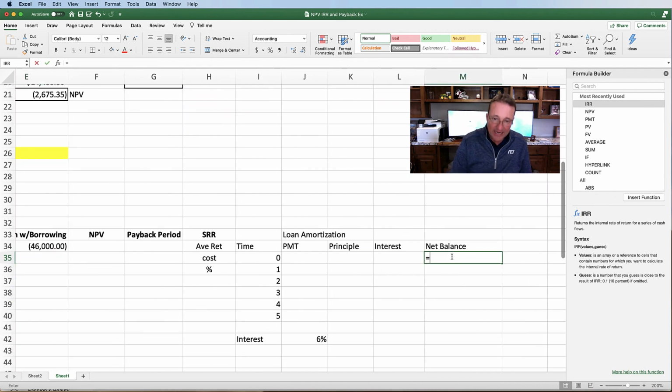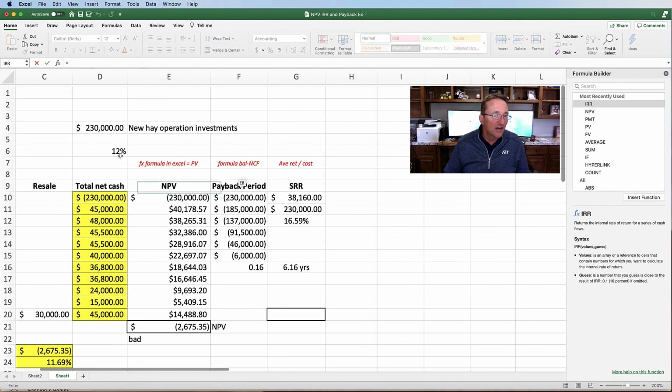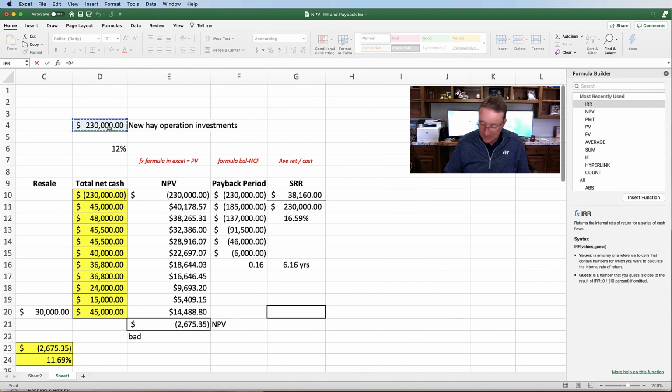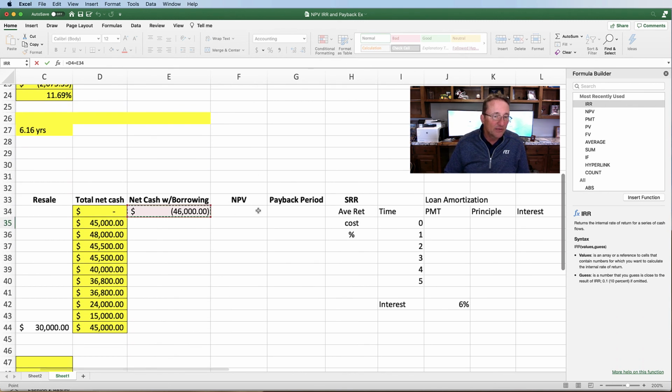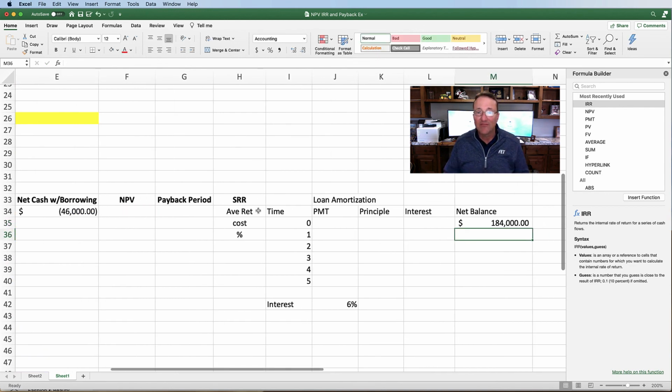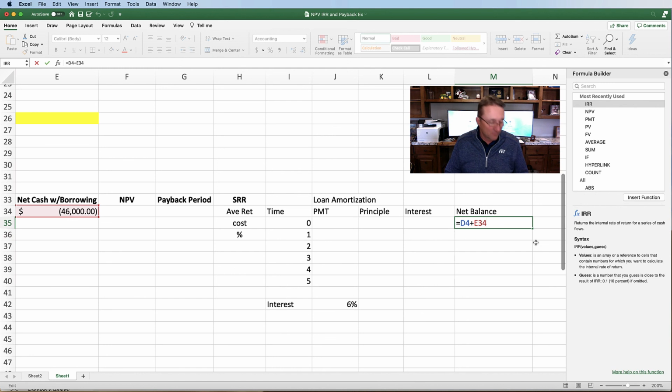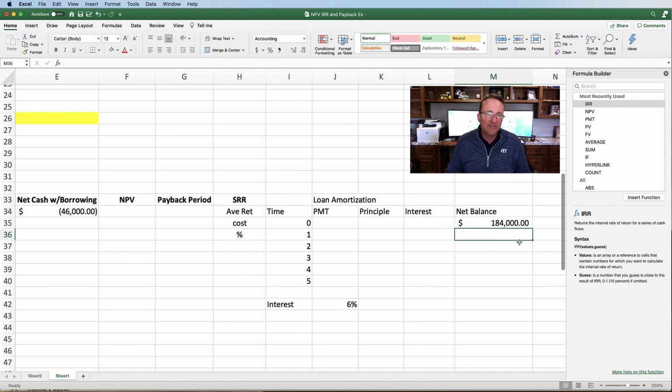I did have to pay out this $230,000. However, I've already factored in that I'm going to pay that much down, so I'm going to have to borrow $184,000. Now, if I borrow $184,000, I'm going to have to pay interest on that.